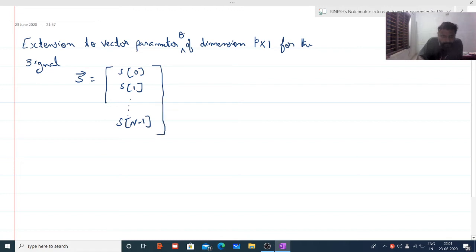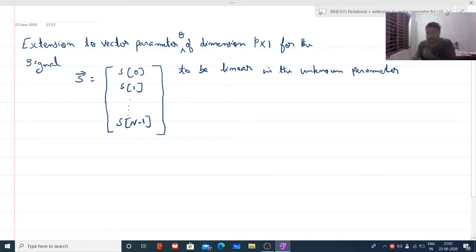We assume it to be linear in the unknown parameter.